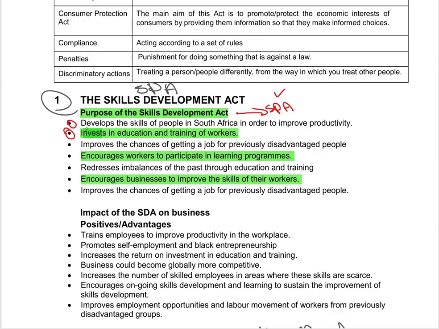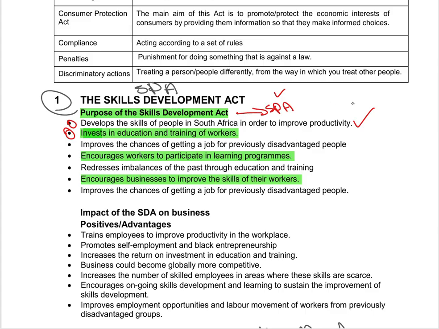So the purpose, we can take the first one. It develops the skills of people in South Africa in order to improve productivity. What they are saying there is that when we comply with SDA, the Skills Development Act, this will assist us to improve the skills of people in South Africa in order to improve productivity.